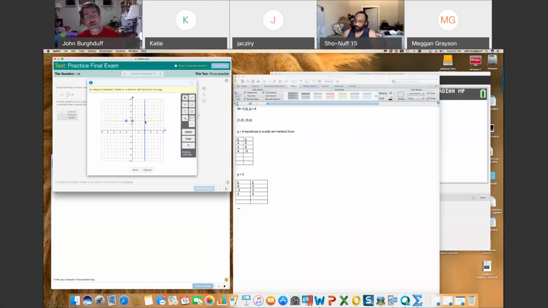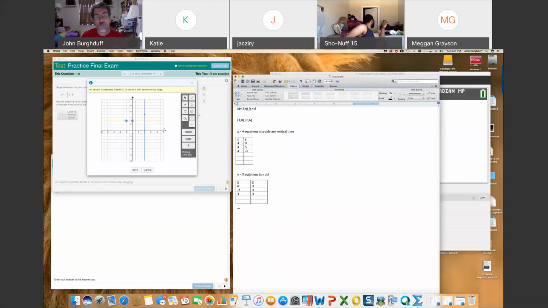And so what you see is that an equation in y only, those are going to be horizontal lines. So whether you actually memorize, and if you do this a whole lot, you do kind of accidentally memorize that x equals something is a vertical line, y equals something is a horizontal line. But you can always make a little table like this and just make some ordered pairs and plot them, and then you'll see right away, oh yeah, that one's vertical and that one's horizontal.